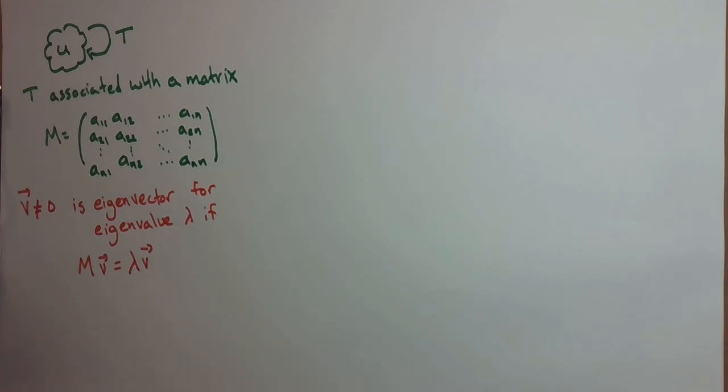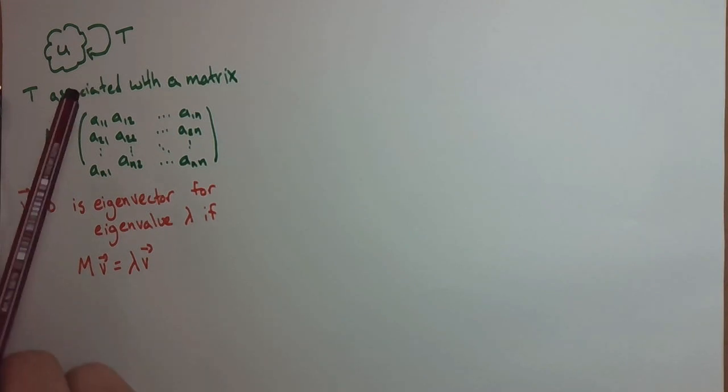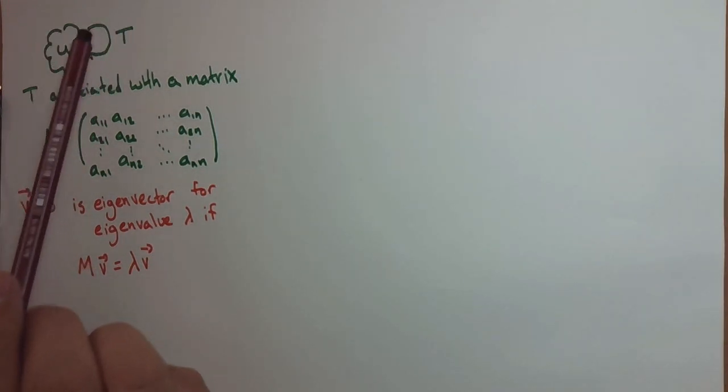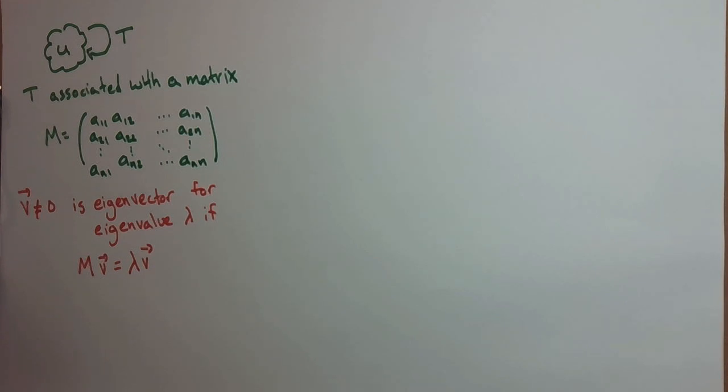And we said, well, we'd have to have these things, eigenvalues and eigenvectors. And so these eigenvectors are associated with the linear transformation. So they're not dependent on the matrix in some sense.